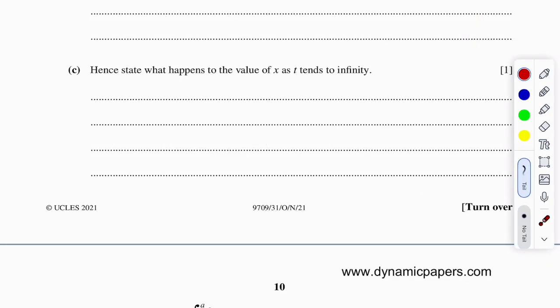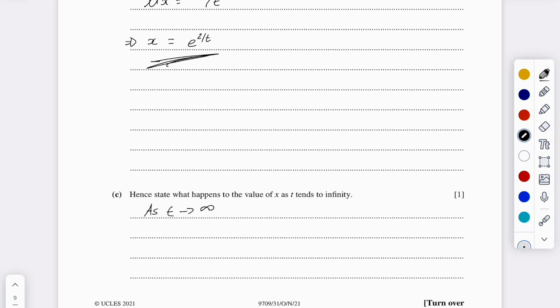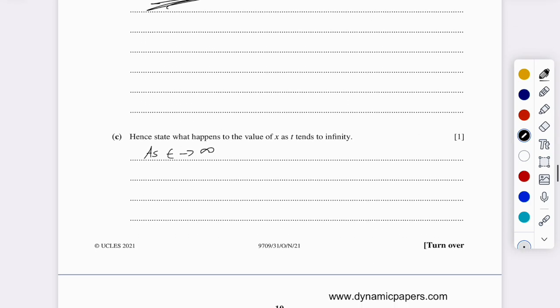Now for part C, guys, it says, hence state what happens to the value of x as t tends towards infinity. So, as t tends towards infinity, what happens? Well, 2 over t is going to tend towards 0. Why? Because t is increasing, t is the denominator, so the whole thing goes towards 0.